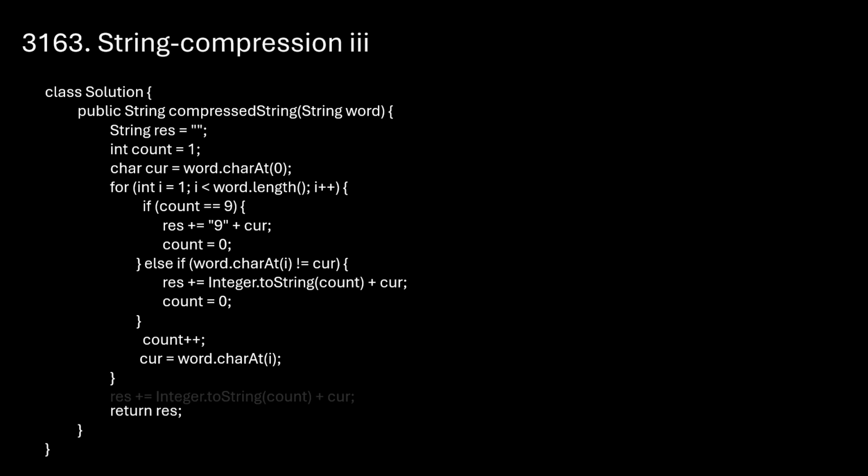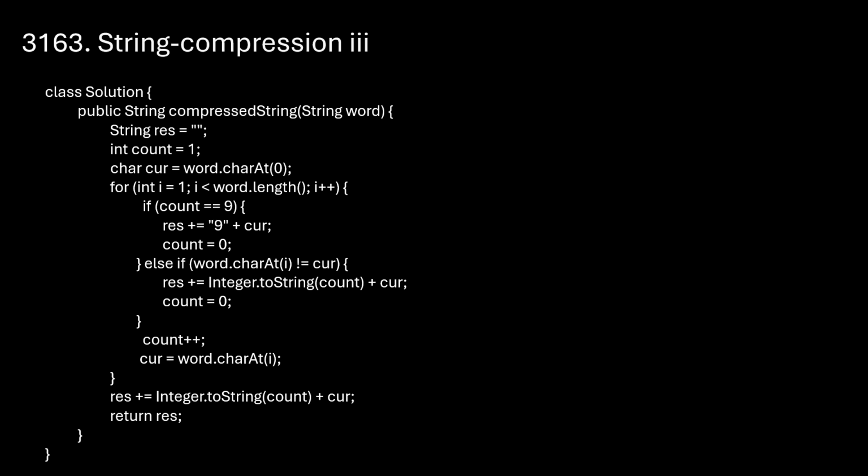The last part is simply to add the end of the word, the last character and count, as the iteration is going to stop right on the last letter. So if it was A, B, C, D, E, by the time we reach E, it's not going to see a new character, so it wouldn't perform the second else if. So we need this final append at the end so that we can actually get 1E, or whatever count is at the end of the string.